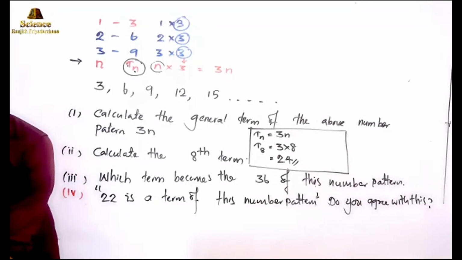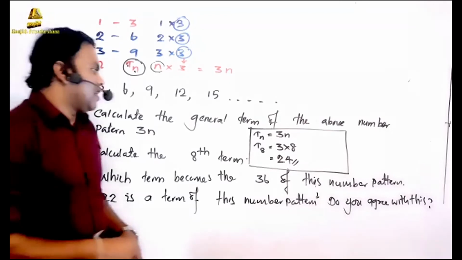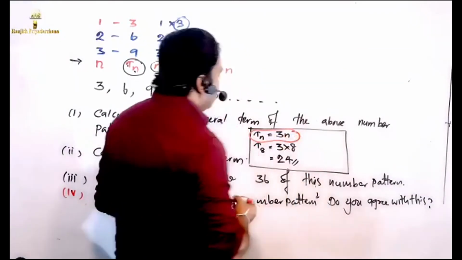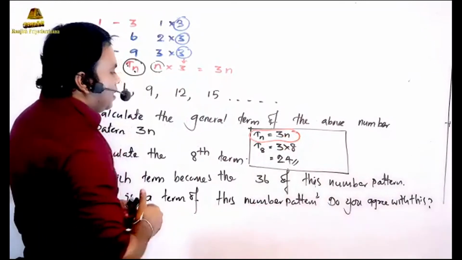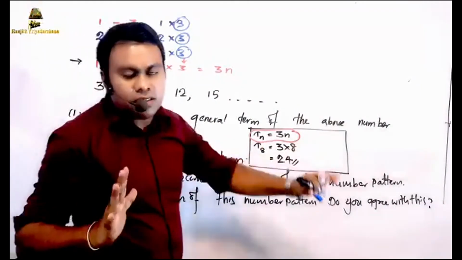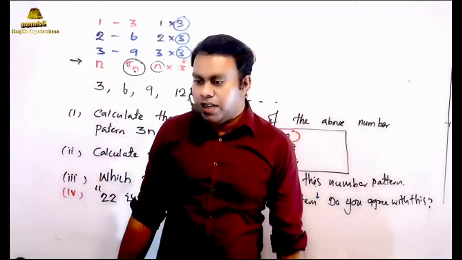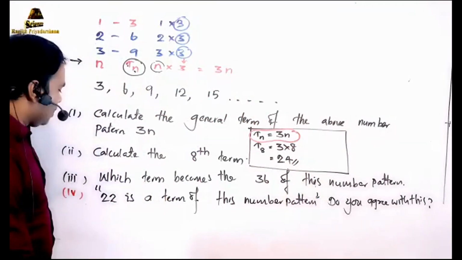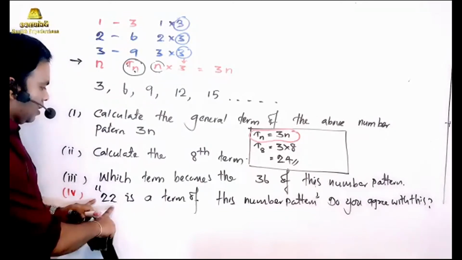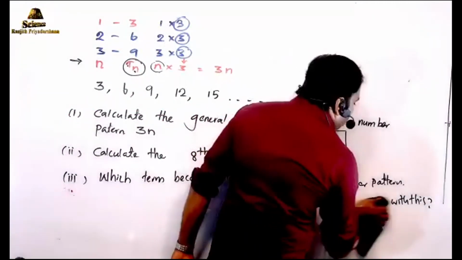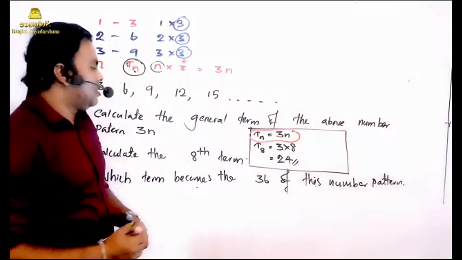Next, which term becomes 36 of this number pattern? We have to use this common equation: the nth term equals 3n. Very easy. Now, which term becomes 36?